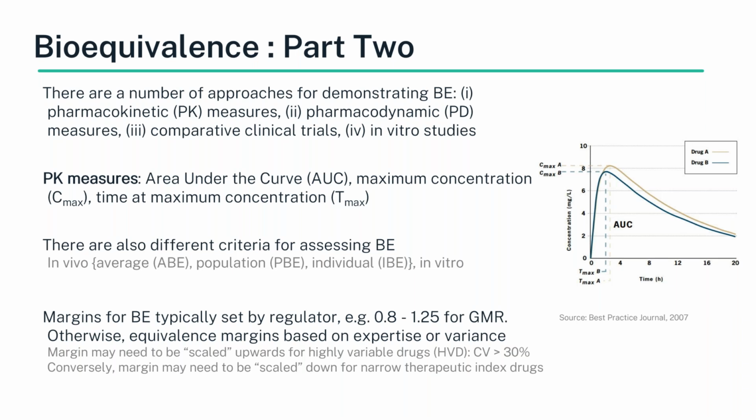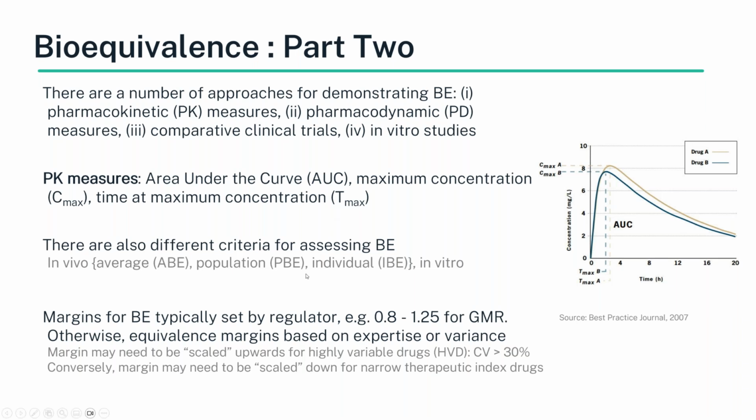And then individual bioequivalence assesses switchability, and this is again done by comparing the variability of the PK measures, but within the same subject. And like before, individual bioequivalence will be demonstrated if the difference lies within predefined margins.